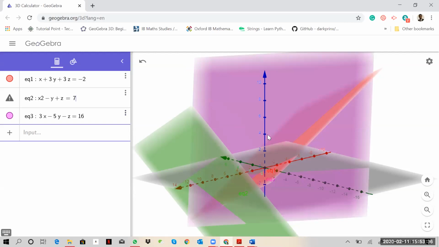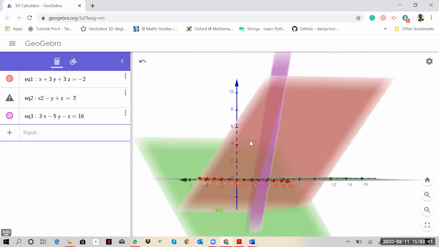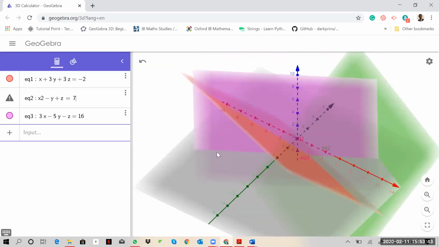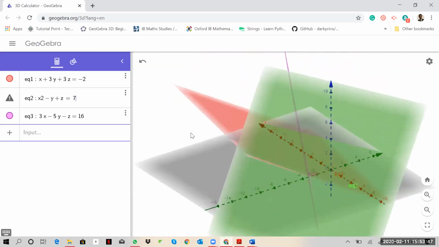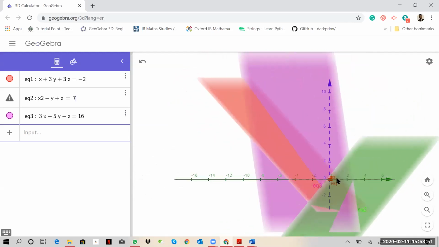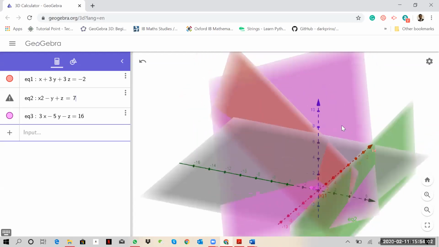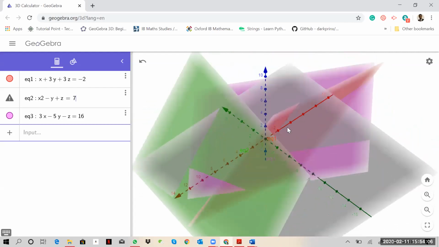Okay, so let's see the graph. How do they meet in many places? We can see one here. Now, this plane doesn't end here. Remember, it extends indefinitely, right? The red one also will extend indefinitely. So I'm trying to see what it means to have many.